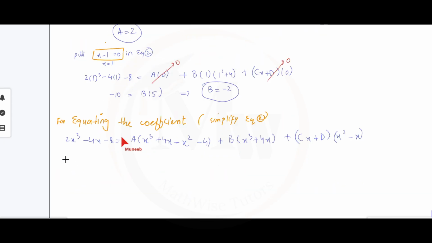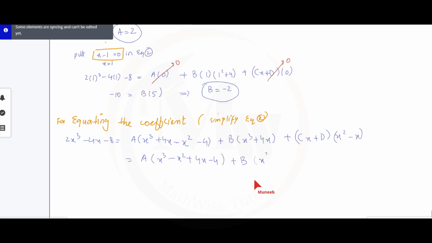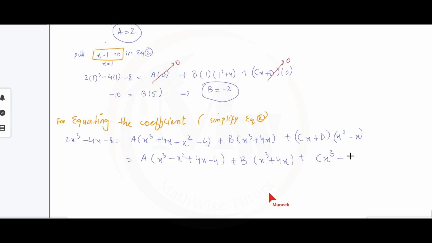Now simplify it more. There are no like terms, so leave it as it is. x cubed minus x squared plus 4x minus 4, plus b x cubed plus 4x, and after multiplying cx plus d inside, this will be cx cubed minus cx squared plus dx squared minus dx.